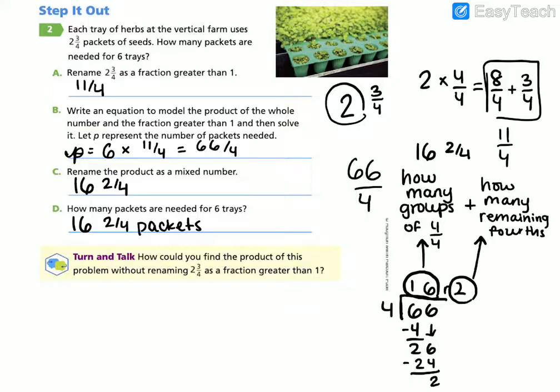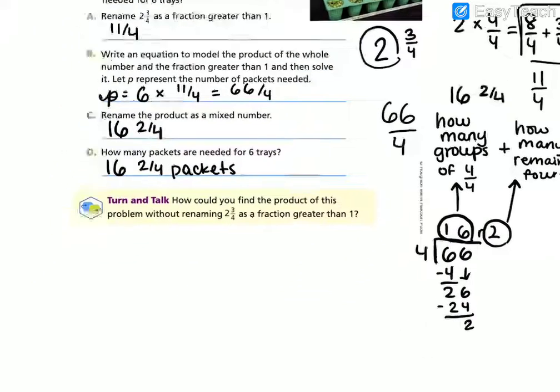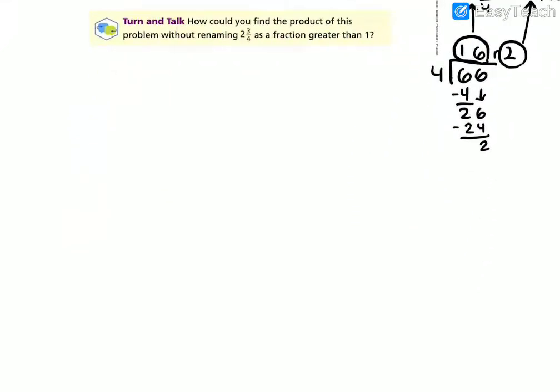Go ahead and pause the video if you need any more time on this question. I want you to look at this turn and talk. How can you find the product of this problem without renaming 2 and 3 fourths as a fraction greater than 1? If we're looking at this, I want you to think, what if I broke that apart?